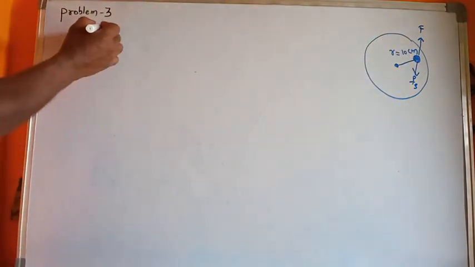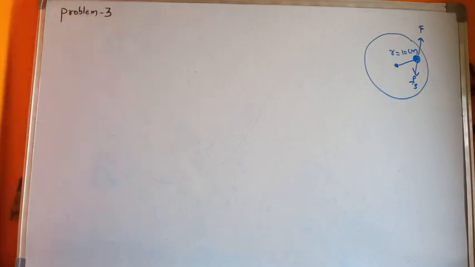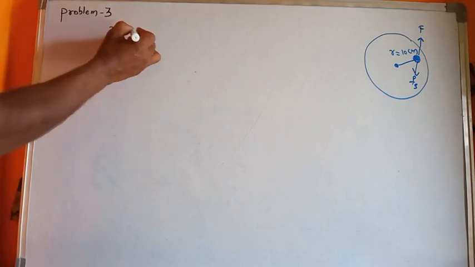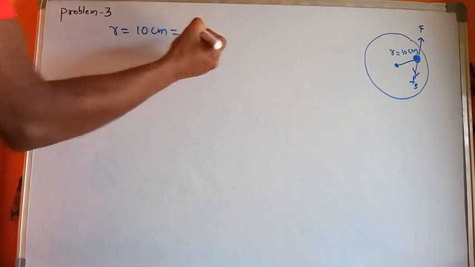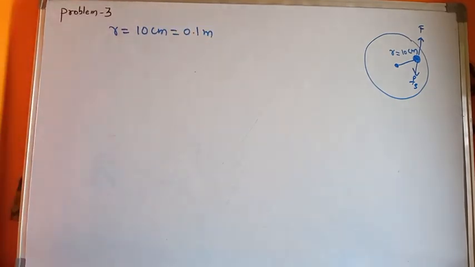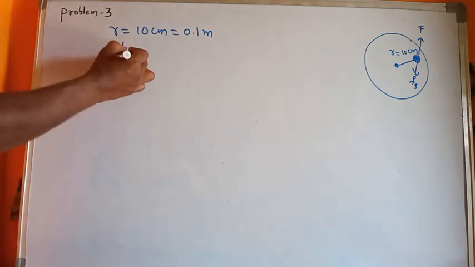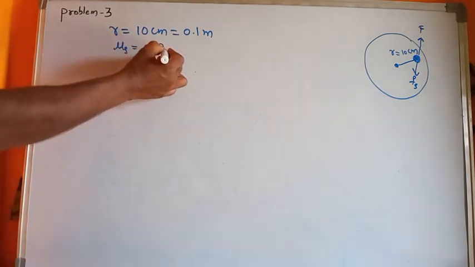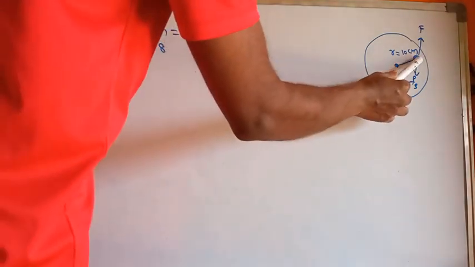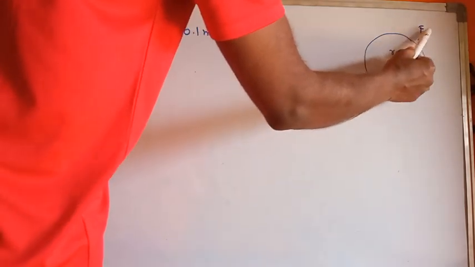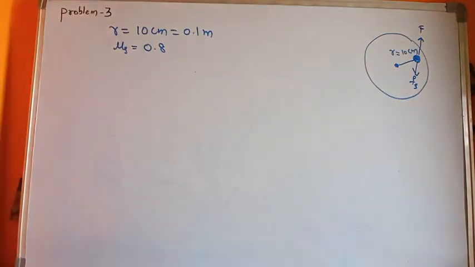For that, they have given the radius of the turntable, which is 10 centimeters, equal to 0.1 meters. Then the coefficient of static friction, mu s, is also given, that is 0.8. The coin is at rest on the turntable because the centrifugal force is cancelled by the static friction force.